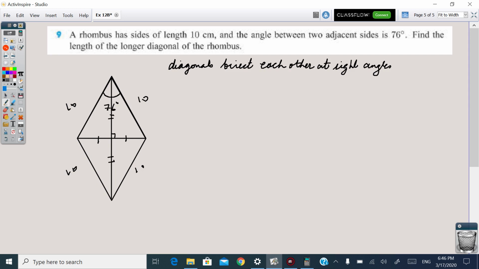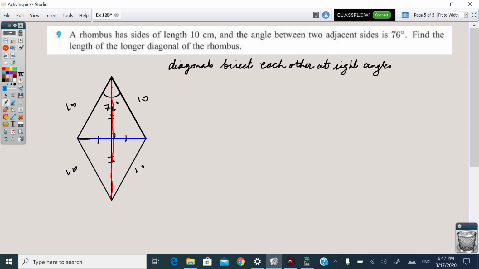We are required to find the length of the longer diagonal of the rhombus. Obviously, the longer diagonal is this. It cannot be the blue, because the blue is opposite the 76, but this angle is obtuse, so it must subtend the longer diagonal.